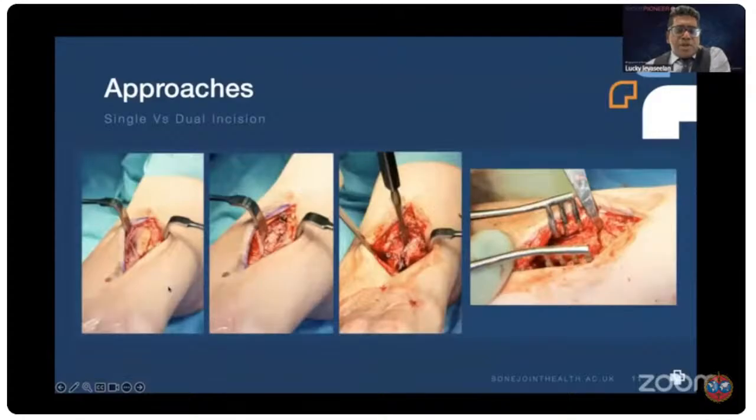What about approaches to Lisfranc injuries? Well, there's two mainstays. There's a single dorsal approach that you can put over your second metatarsal. Issues with this are that you have to encounter the neurovascular bundle, which you can see on the left-hand side here. So there is a rate of neurovascular injury, but it does give you excellent visualization of your Lisfranc interval.